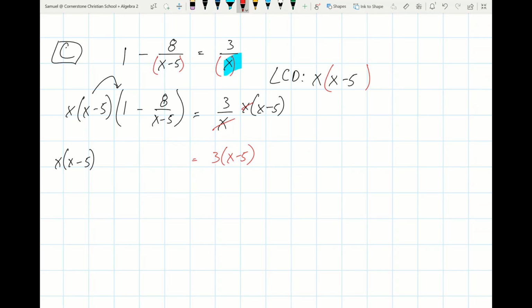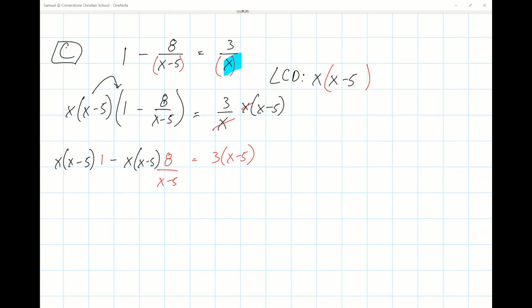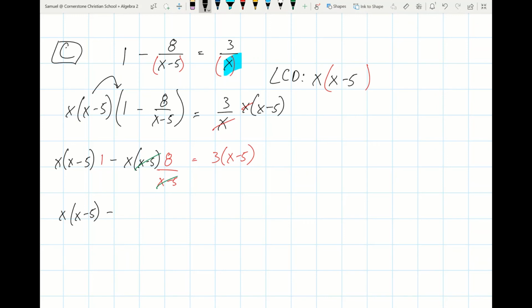So multiply that times 1 minus, and I'm distributing, x minus 5 times 8 over x minus 5. So again, in this case, the x minus 5 and the x minus 5 cancel. On the left side, I have x times x minus 5 minus, and 8 times x is 8x.